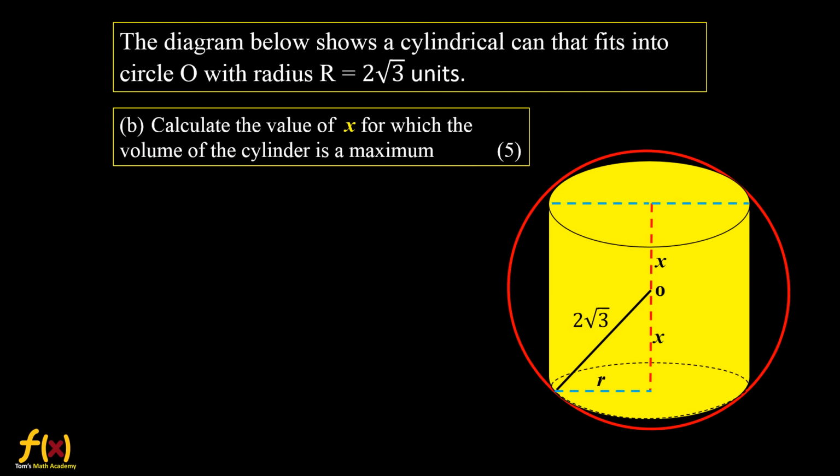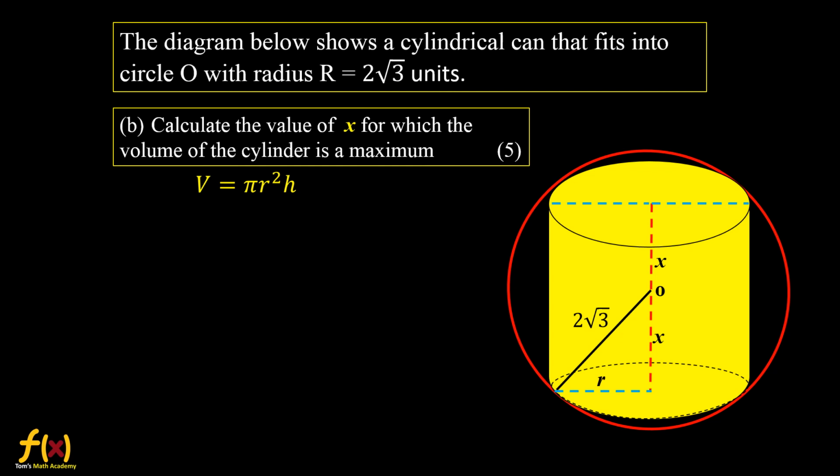Question B. Calculate the value of x for which the volume of the cylinder is a maximum. 5 marks. Volume of the cylinder. If the formula is available, it is simple, but if it is not there, we must know the formula for the volume of a cylinder. So here V equals πr²h. Please memorize it.